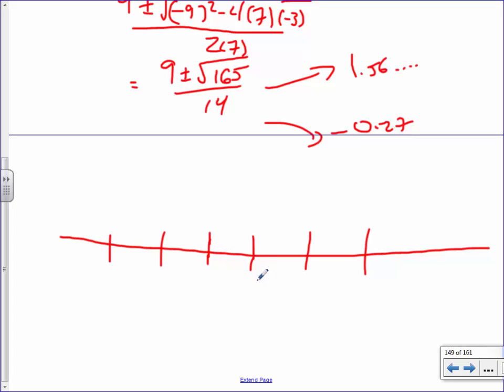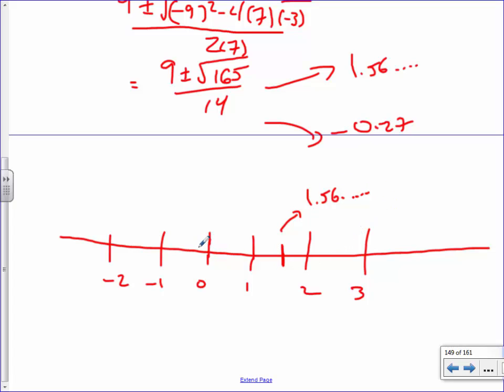Okay, the only difference is these aren't whole numbers. So what I might do is go -2, -1, 0, 1, 2, 3. And I'm just going to put in a new little line for where these ugly irrational numbers go. So 1.56 is going to go roughly right about there. Just going to write a little note: that's 1.56 or so.